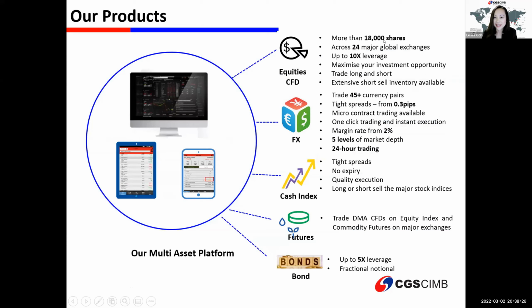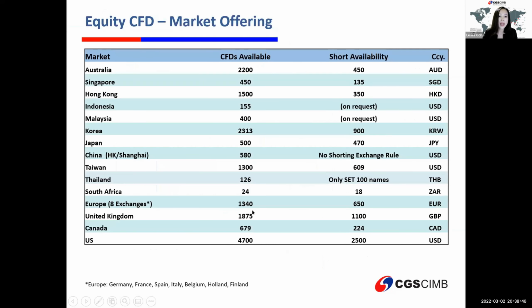For CFD equities, we offer more than 24 exchanges and more than 18,000 counters. Like I said earlier, for shares it's up to 10 times leverage, but for FX, index and the like, the leverage is up to 20 times. These are the markets that we're offering under the CFD department.